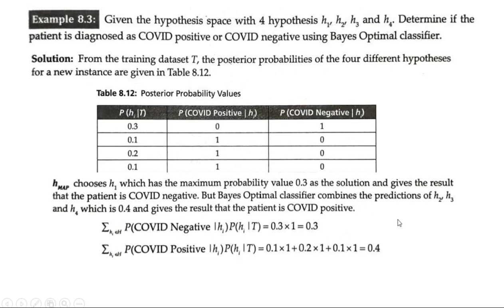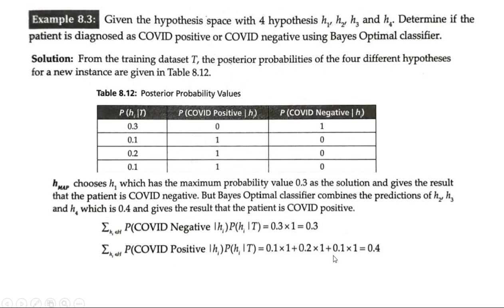So how do I apply the Bayes optimal classifier? This is the formula. The summation of the probability that it is COVID negative: in this case it is 0.3 into 1, plus the others, which are 0, so you don't have to consider them. So the probability that it is COVID negative is 0.3.